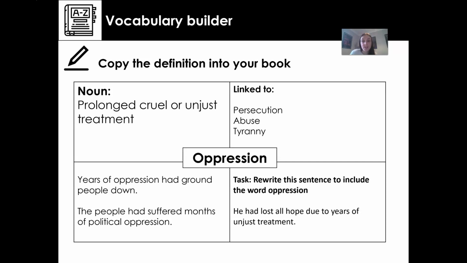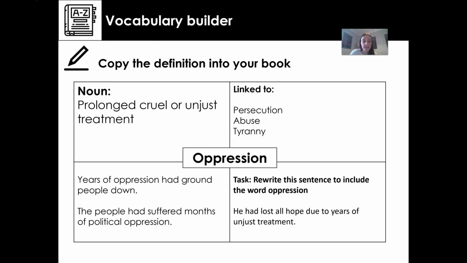So if you look at the words that it's linked to, we might link oppression to ideas of persecution, abuse, and tyranny. You might think about this linked to Animal Farm. I know a few classes had read that before. That will link to some of the ideas that you will have explored in that novel. There's 2 examples at the bottom of the page.